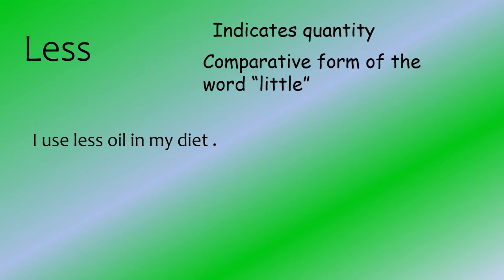Only a measurement can be given, and oil is an uncountable noun. We use the determiner less to indicate a particular measurement of the uncountable noun oil. I use less oil. What's the measurement there? Less. Less in quantity. I use less oil in my diet.